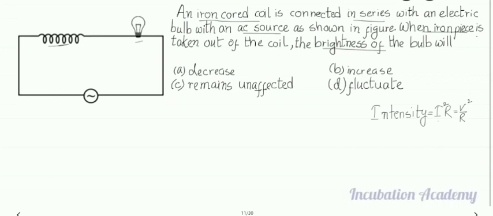Here I can consider the bulb's filament as a resistance capital R. So here we have R and L.